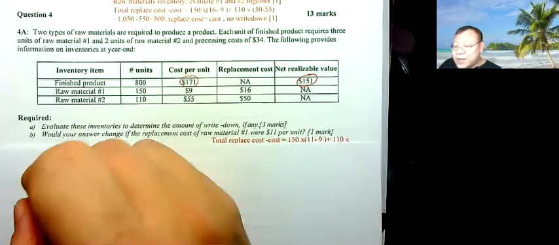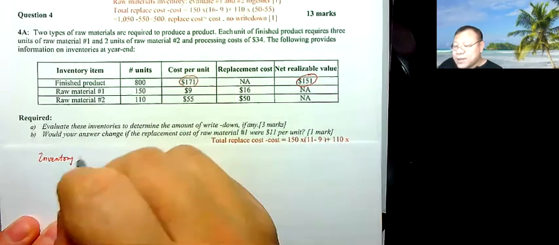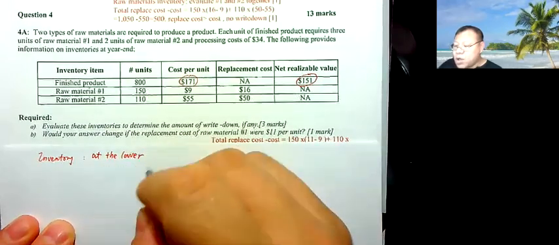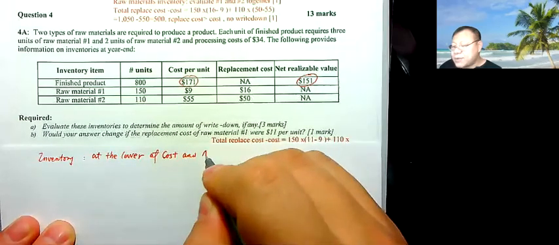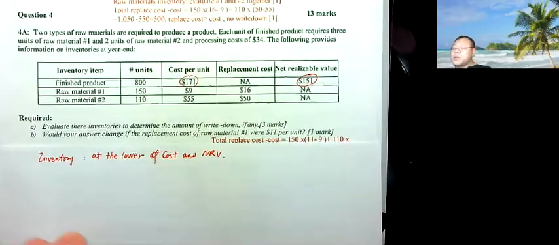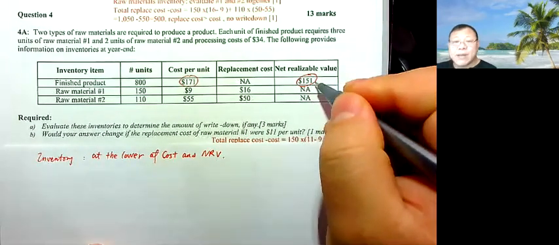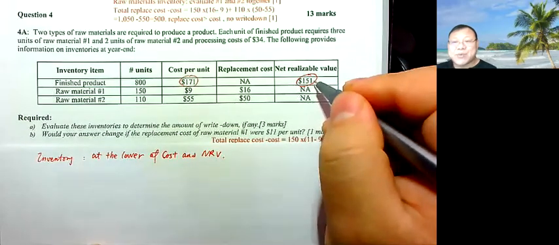Remember, inventory needs to be reported at the lower of cost and net realizable value, right? So which number is lower? The net realizable value is 151, that's lower. Your cost is 171. So we have to do a write down here.